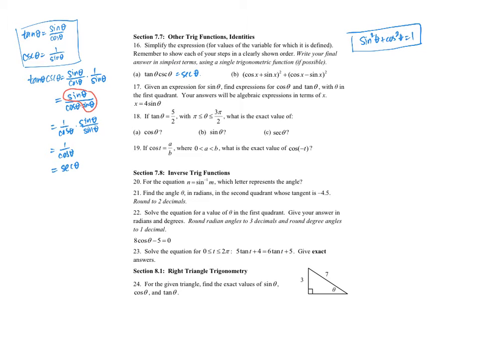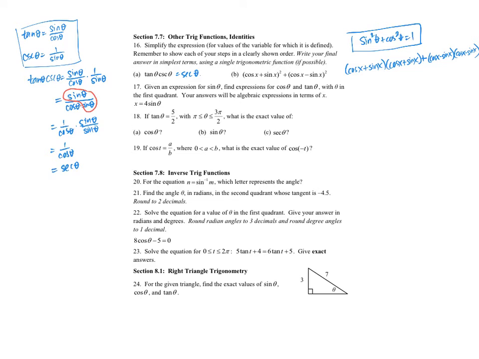So if I have cosine x plus sine x squared, that means cosine x plus sine x times cosine x plus sine x. And then plus, I want to square cosine x minus sine x, so it's cosine x minus sine x times cosine x minus sine x. I'm almost out of room there. And then I can multiply that all out.